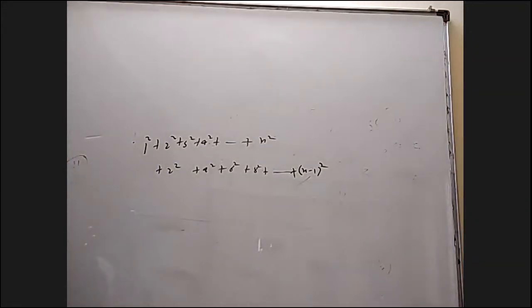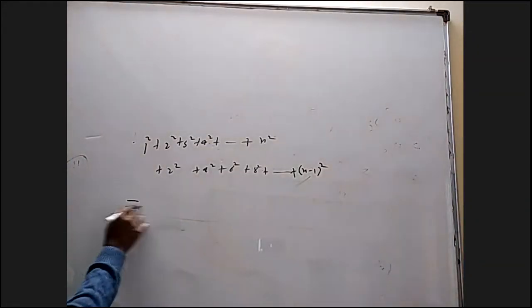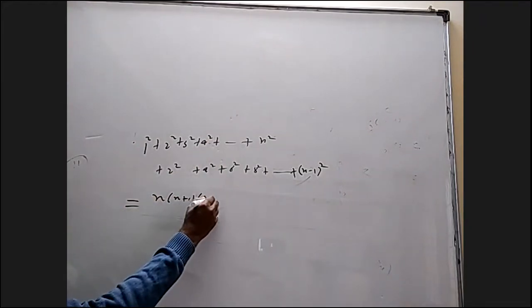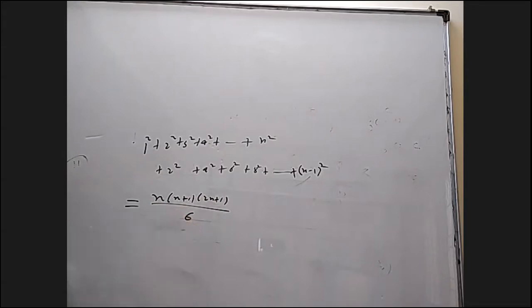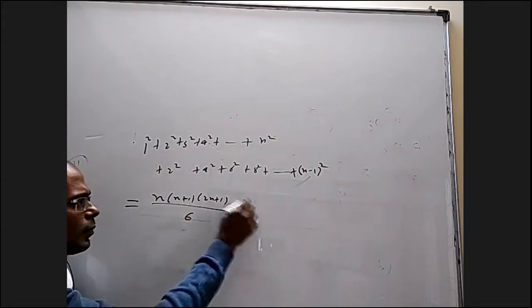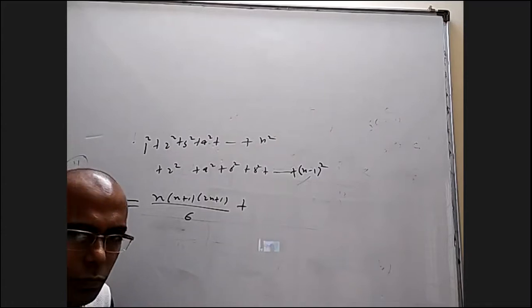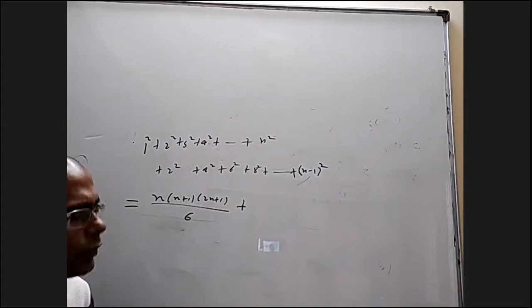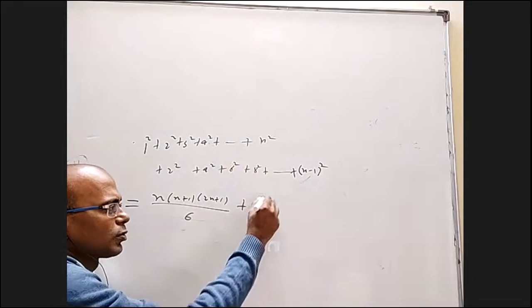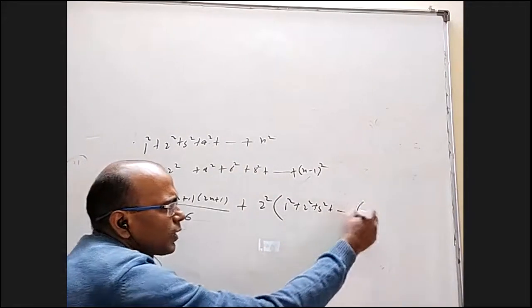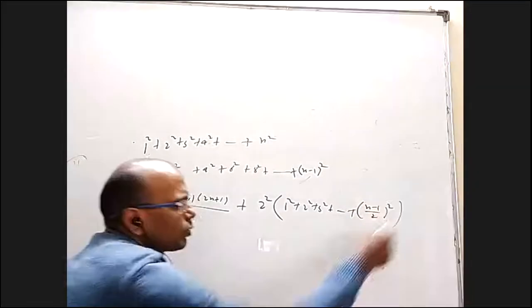Okay. Now it's very easy. This is the sum of n natural numbers: n into n plus 1 into 2n plus 1 by 6. Coming to this, somebody may ask, how will you find it? Sir, we can take 2 square common. Yeah. How to find this sum is to take 2 square common. That is also 1 square plus 2 square plus 3 square. But the last one is n minus 1 by 2 whole square.